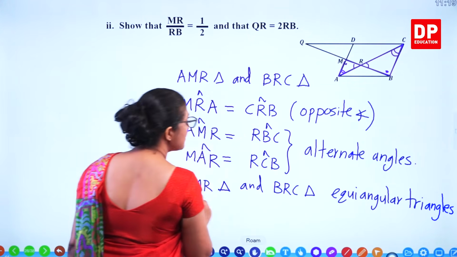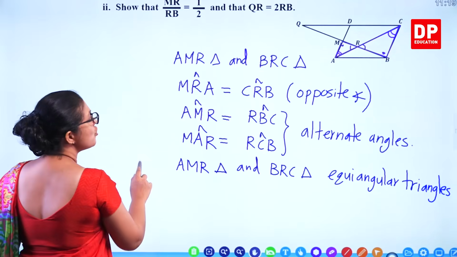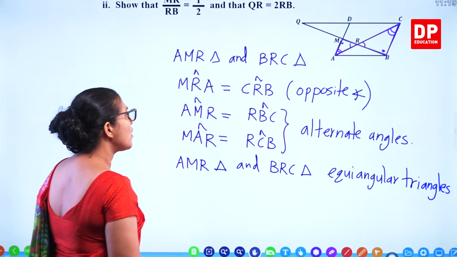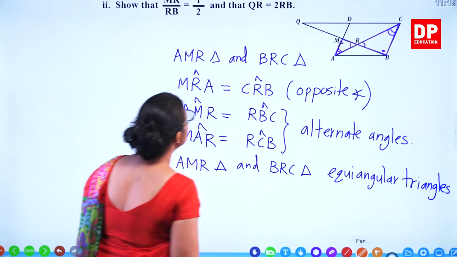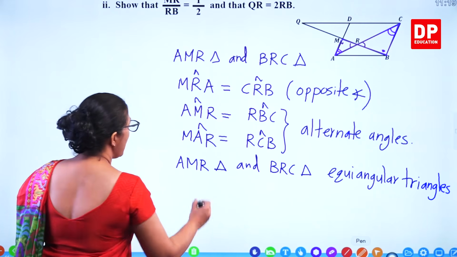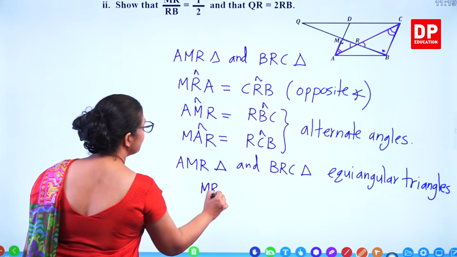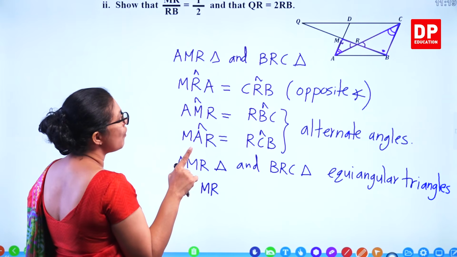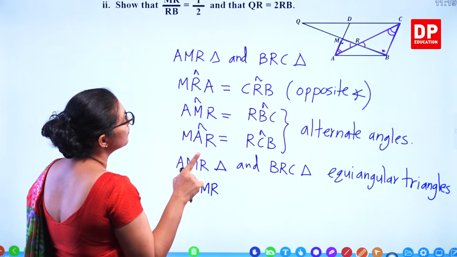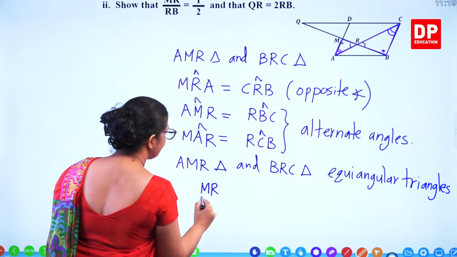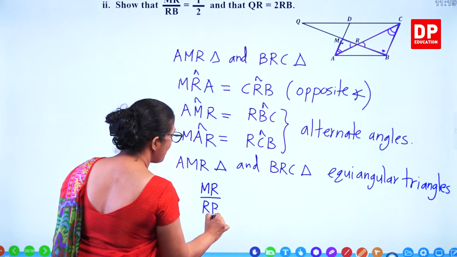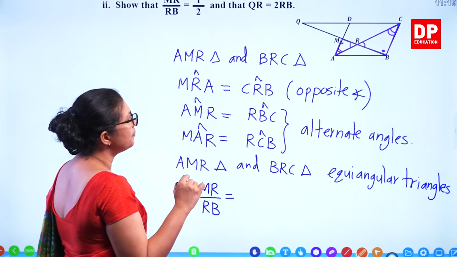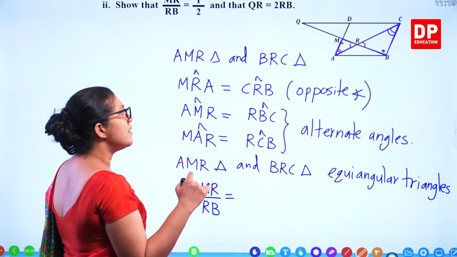So that means similar. So the corresponding ratios are equal. So we can take MR, that's this side, corresponding length for that is RB. MR to RB is equal to, what about the other side?